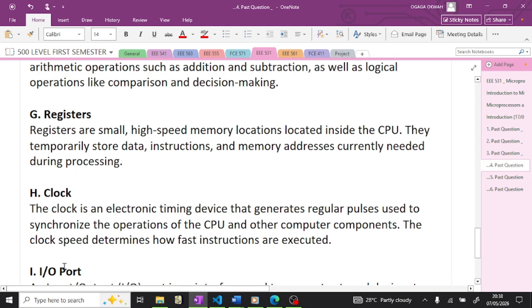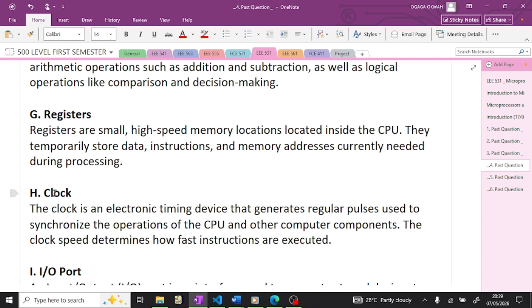Now the clock speed determines how fast instructions are executed. So if we have a clock that completes a higher number of cycles, or let me say ticks, per second, which means that clock has a higher speed. Let me use the word tick.